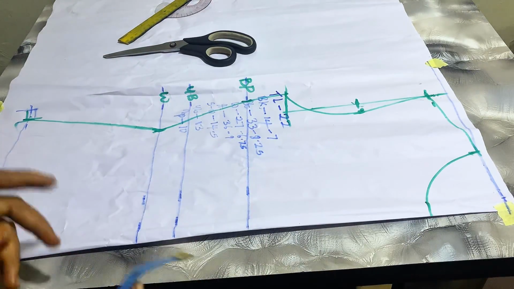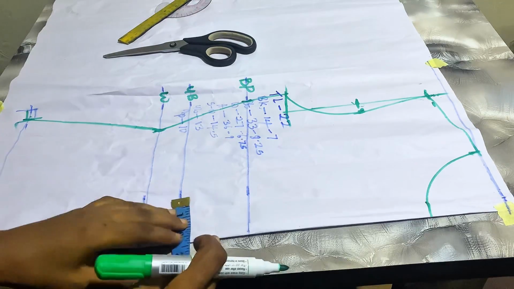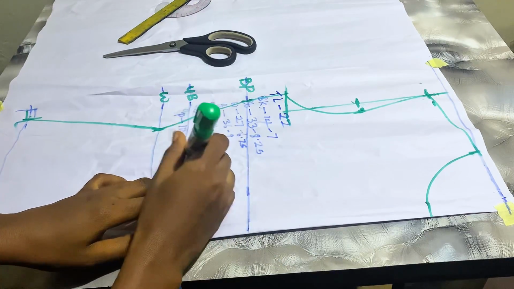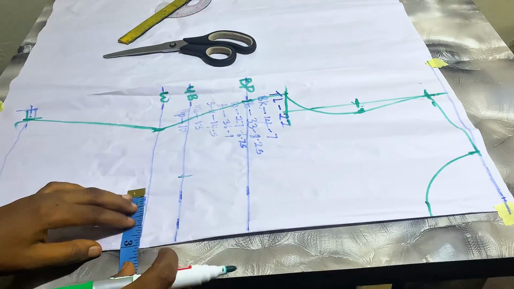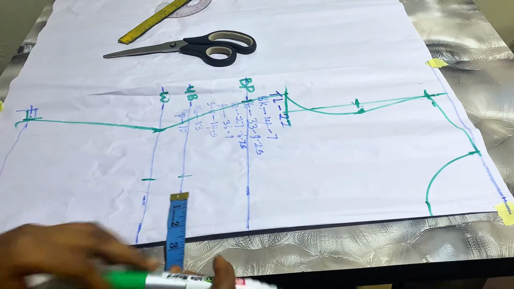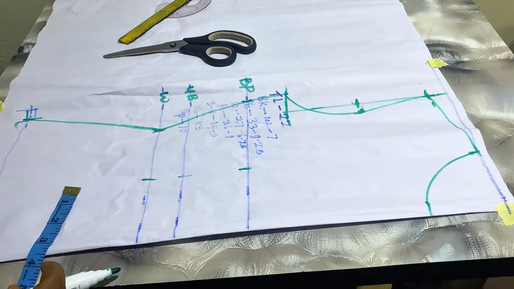We're going to get our nipple to nipple, which is 3.5.